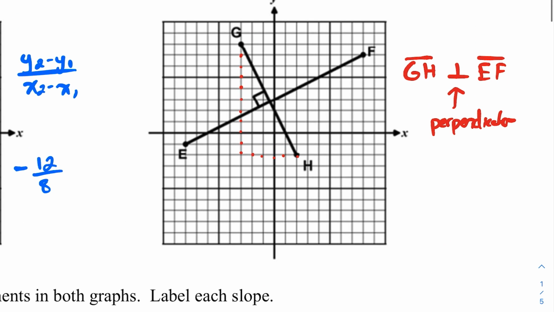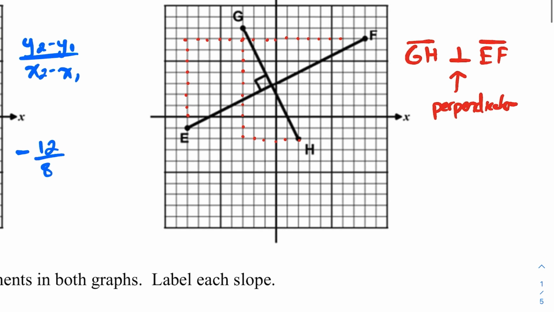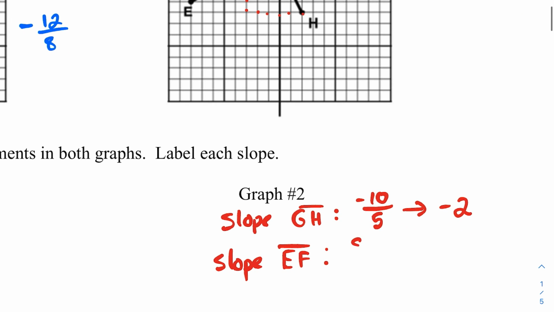Slope of EF, that's going to be up 1, 2, 3, 4, 5, 6, 7, 8, and right 1, 2, 3, 4, 5, 6, 7, 8, 9, 10, 11, 12, 13, 14, 15, 16. Up 8, right 16 for a slope of 1/2.